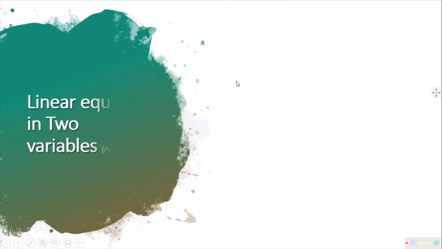So the topic, once again, linear equation in two variables. This is part 2 of the video. The first part you should see, learn, and understand before continuing with this video. You will get a link to part 1 below in the description.